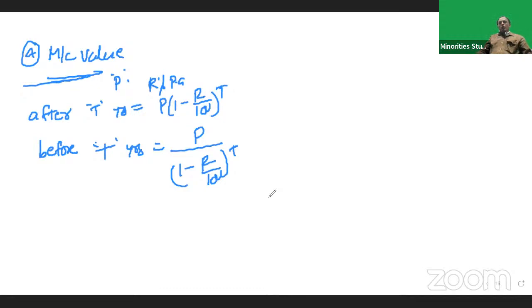Let the present value of a machine be P rupees. Its value depreciation rate is R% per annum.